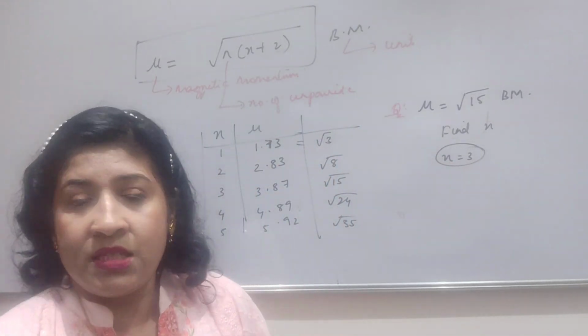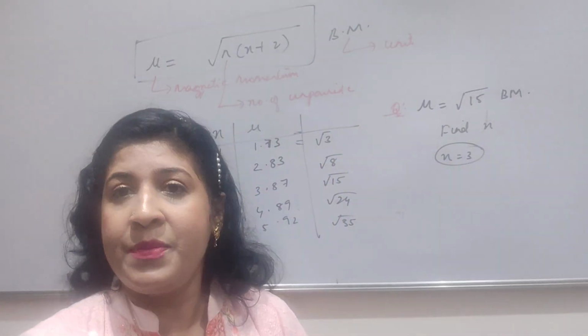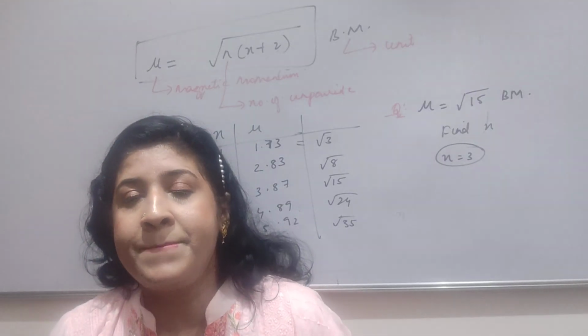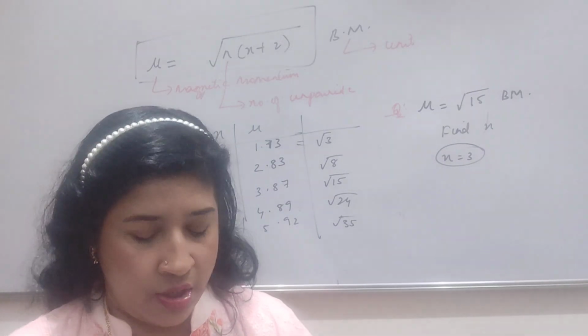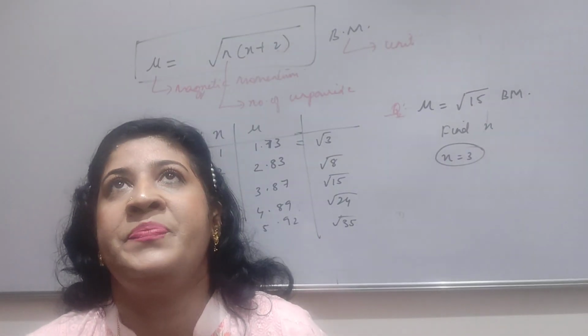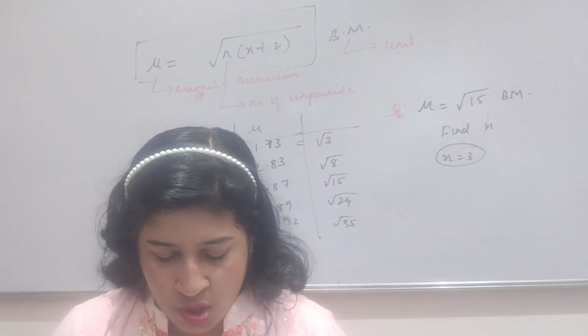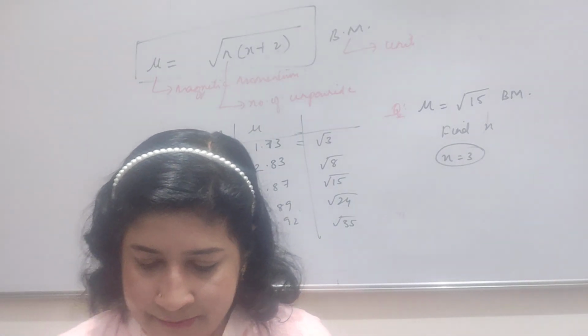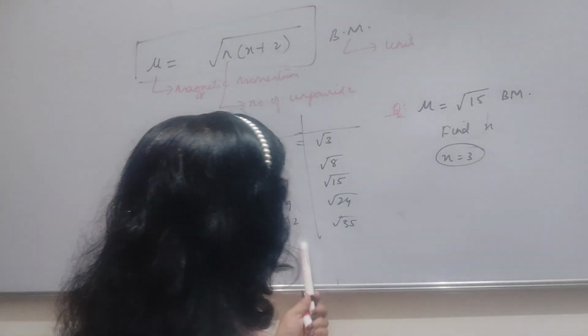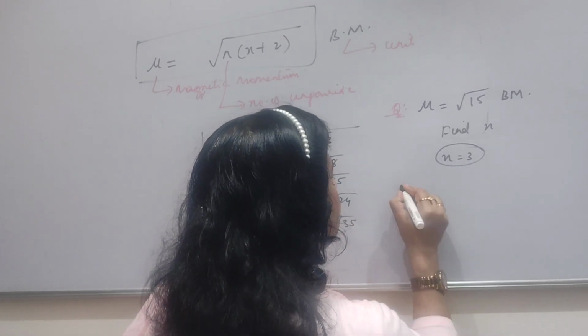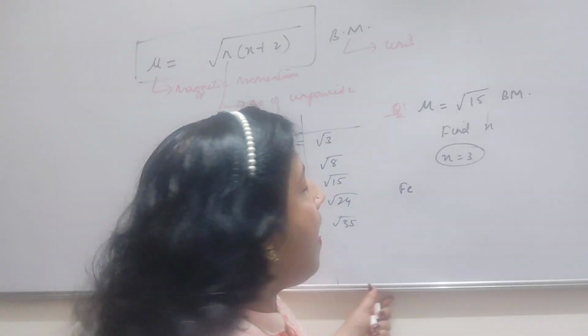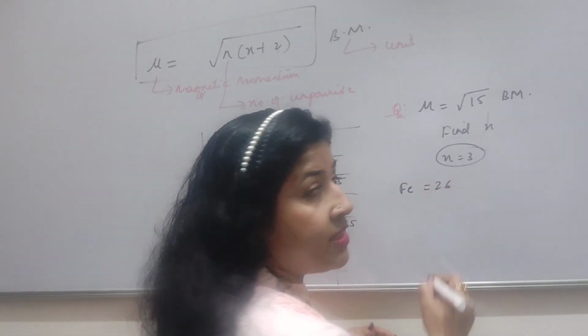Now, sometimes they ask you about the paramagnetic nature of molecules. Suppose they are asking you for iron. Iron is nothing but 26.